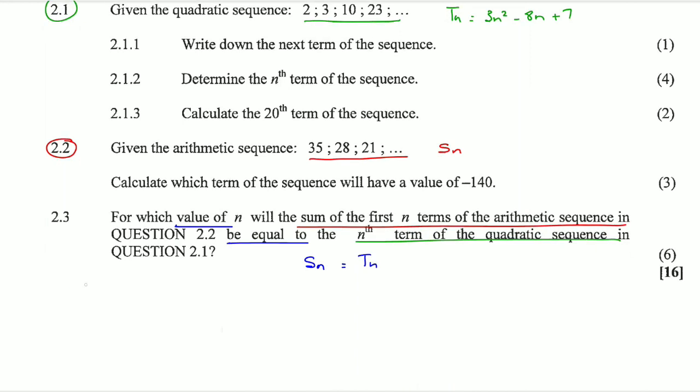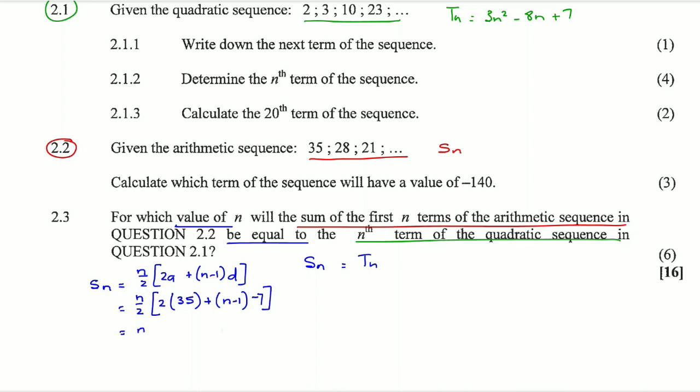Now we'll write down the formula for sum n of an arithmetic sequence, which is equal to n over 2 times 2a plus n minus 1 d. That's equal to n over 2 times 2a, where a is 35, plus n minus 1, and d we worked out previously to be minus 7.